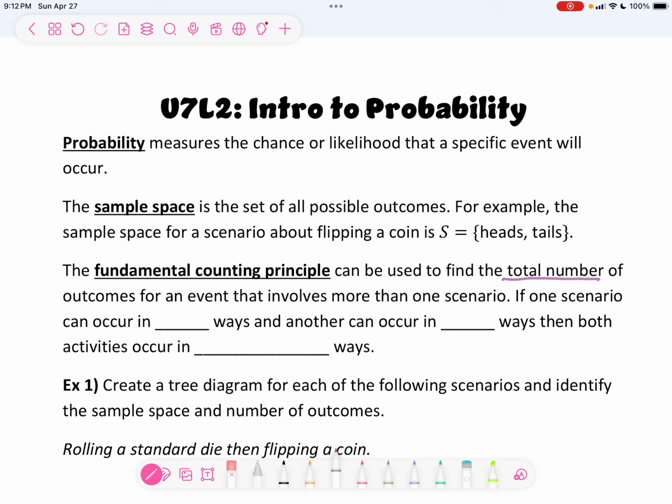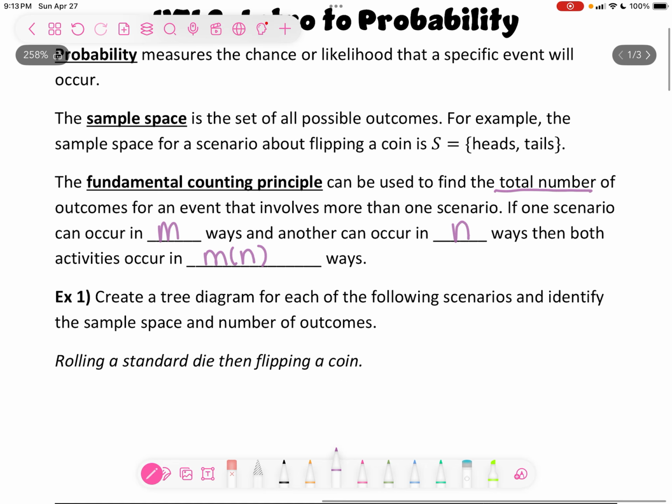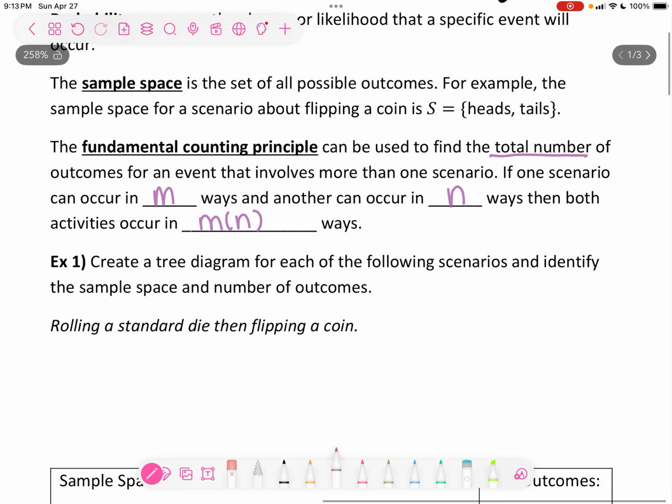So if one scenario can occur in m ways, for example, and another can occur in n ways, then both of those activities can occur in m times n ways. For example, if you have to flip a coin more than once, and every time you have 2 options, then you would just multiply 2 times 2 times 2 as many times as you would end up flipping the coin. That's an example of what the fundamental counting principle does.